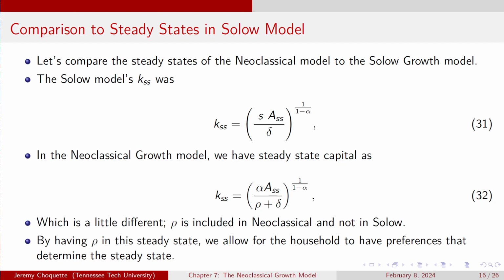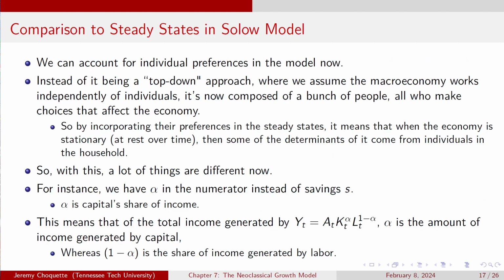So yeah, rho is included in neoclassical, not in Solow. And if we include rho, well, then we've got the household's preferences playing a role in determining what the steady state is. By having that, remember we're accounting for the individual preferences in the model. So instead of it being this top-down approach, which we had in the Solow model, where we assume the macroeconomy works independently of individuals, that's kind of a bogus claim to make if you think about it, because the macroeconomy is just an aggregation of a bunch of microeconomies, right?